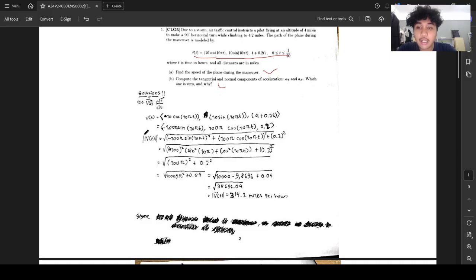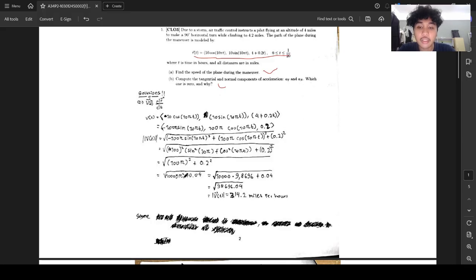speed, so here we're going to compute the velocity at the highest point. That's why we calculate this unit. So here we use the formula: the square root of (negative 100 pi sine 10 pi t) squared plus (100 pi cos 10 pi t) squared plus 0.2 squared.